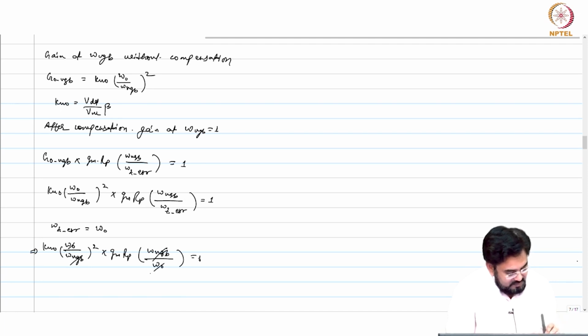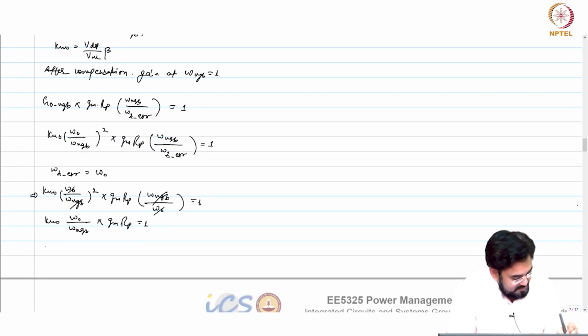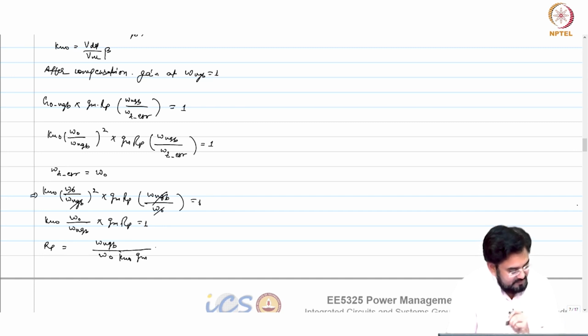So it cancels out one term, and this becomes Ku naught, which means RP equal to omega UGB over omega naught Ku naught GM. Correct.